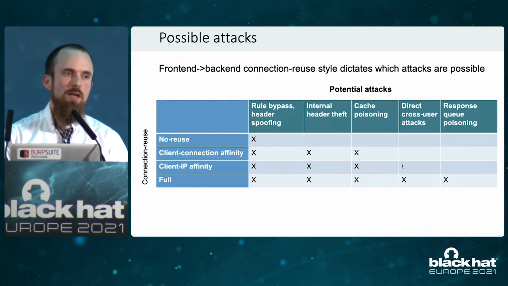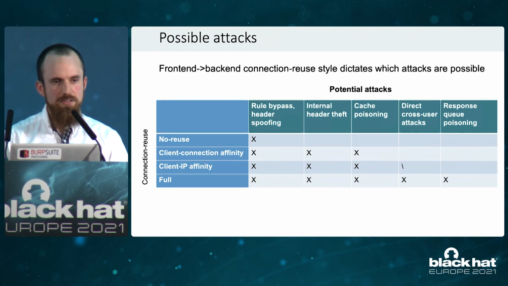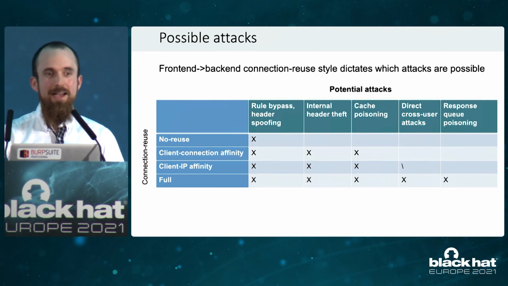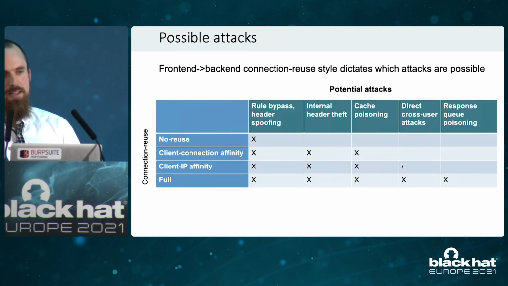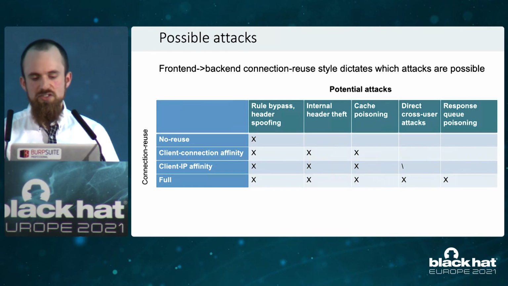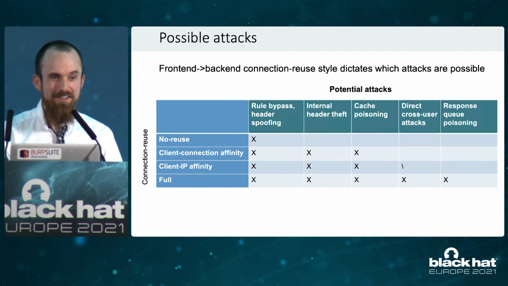But sometimes you'll find that you can only affect requests coming from your own IP. That's because the front end is creating one connection to the back-end server per client IP. But that scenario is not that inconvenient because it's still exploitable via cache poisoning and you can still leak internal headers. And maybe if you use a VPN, you can exploit everyone else using the VPN and so on.